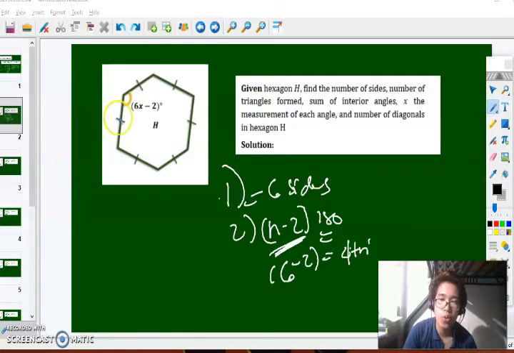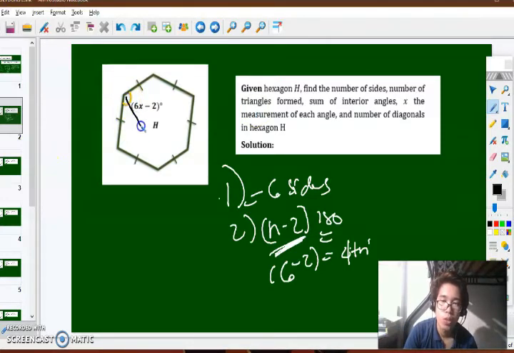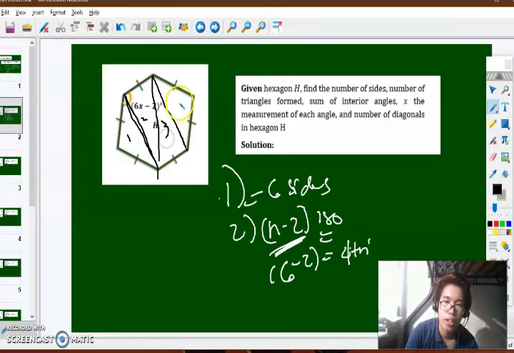So here's one triangle, and we also have 1 triangle here. In the center, if you notice, we've made another polygon, a rectangle. If you divide that rectangle into 2, then you get 2 more triangles. So we have 1, 2, 3, and then 4 triangles for any type of hexagon.